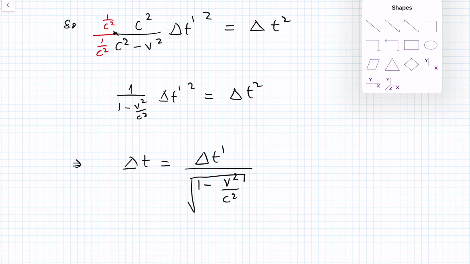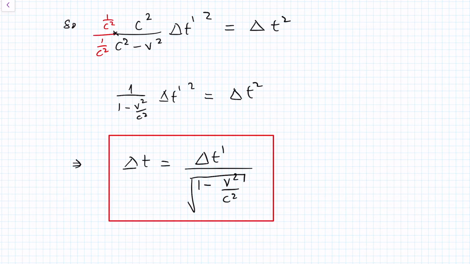Now we have a very different time than in classical physics. Classical mechanics is quite different, because remember, classically we had Δt equal to Δt'. But this is quite different.